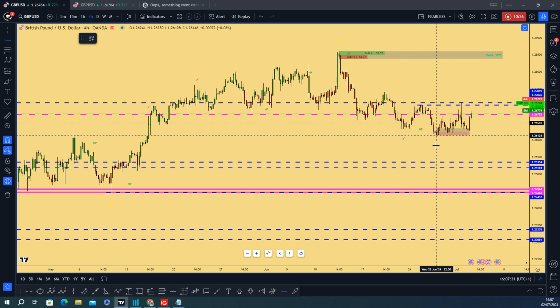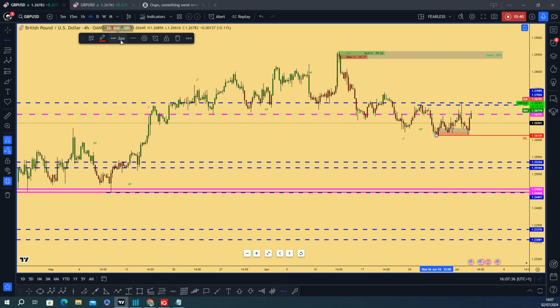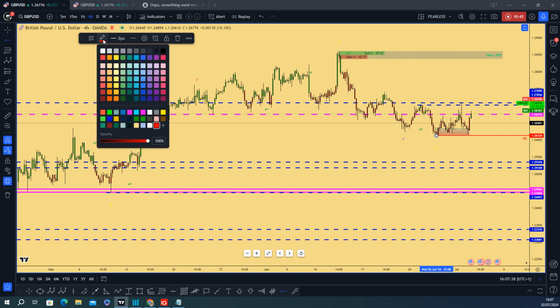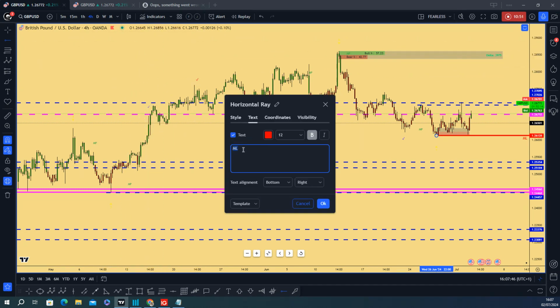So now we can start to, so momentum low. I need to label that properly now. Okay.